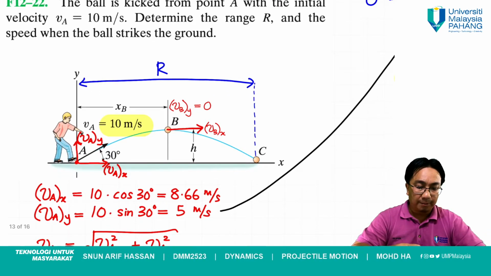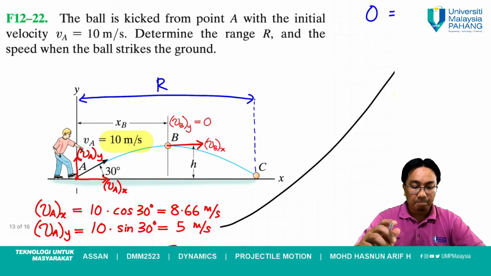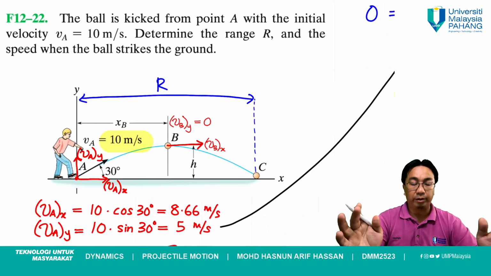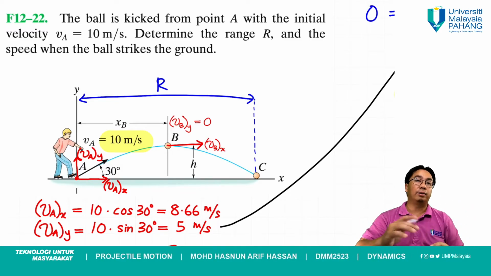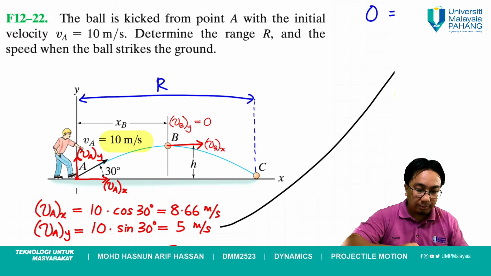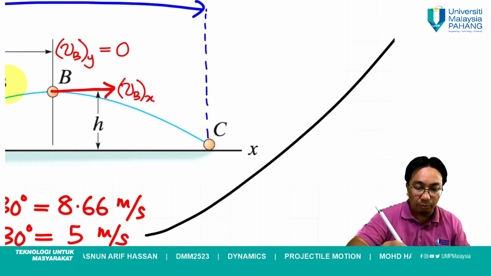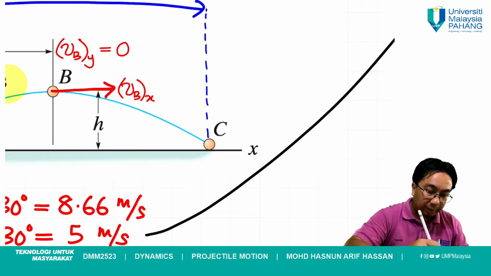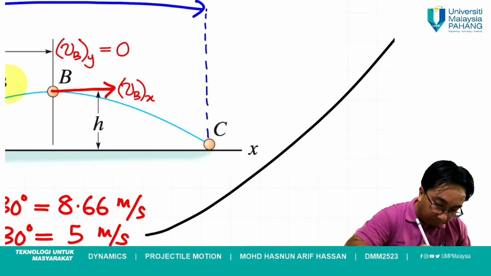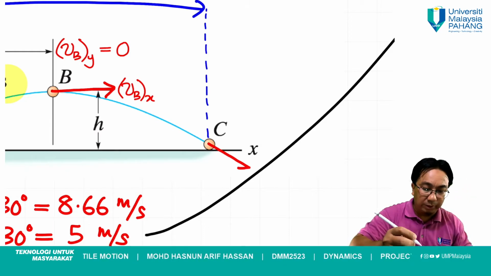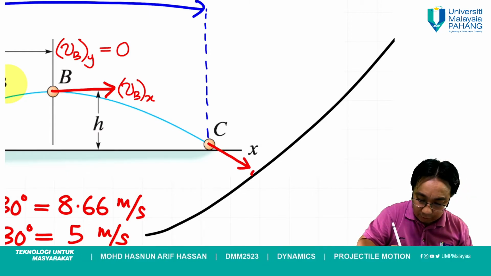Okay, so sekarang ni kita nak determine ataupun kita nak calculate value of R tu, sejauh mana bola tu travel sehingga dia drop pada point C. Dan sewaktu dia nak drop di point C tu, kita boleh draw juga dia punya velocity vector. Dia mesti pada ketika ini juga tangent to the path. So VC ni mesti point ke sini. This is VC.